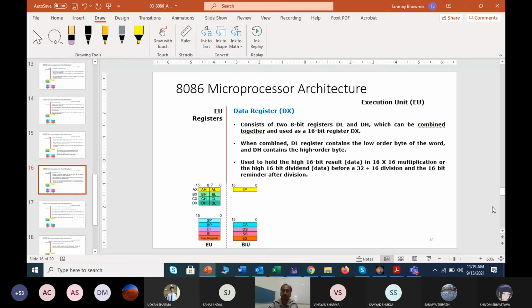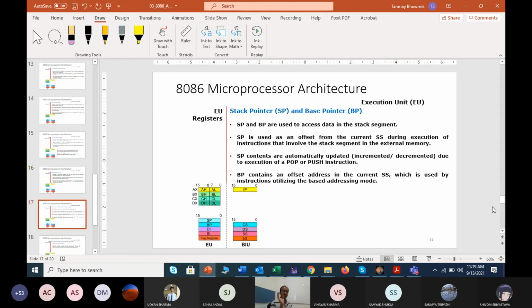It is used to hold the high 16-bit result in a 16 by 16 multiplication, and the high 16-bit dividend data before a 32-bit division. These are like the HI and LO registers: when you use a division operation, your remainder will be stored in one register and your quotient in another. If you use a multiplication operation, the most significant 16 bits will be stored in the HI part and the least significant 16 bits in the LO part. Those are the data register segments.